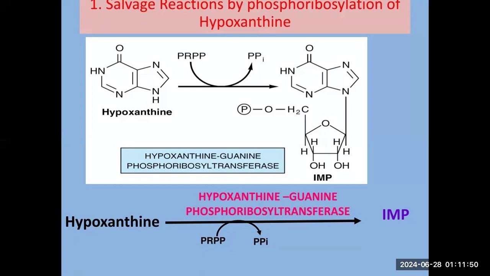And the enzyme is hypoxanthine guanine phosphoribosyl transferase that converts hypoxanthine into inosine monophosphate by the addition of phosphoribosyl pyrophosphate.